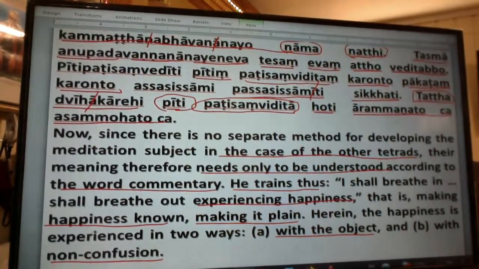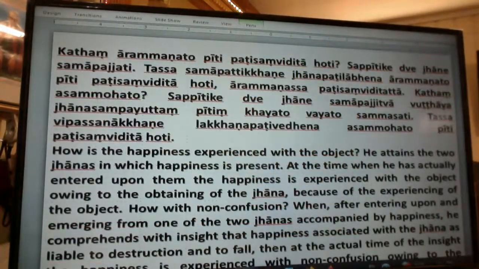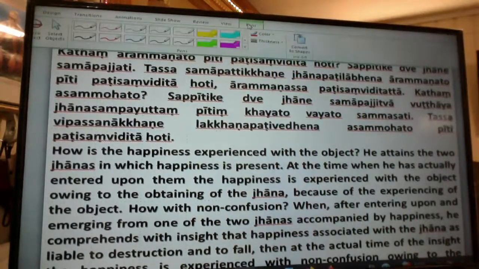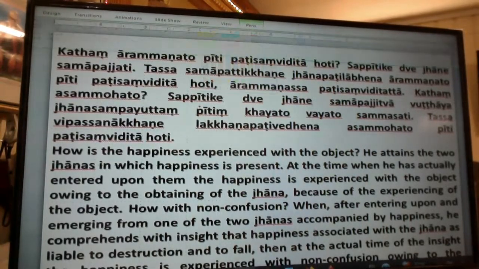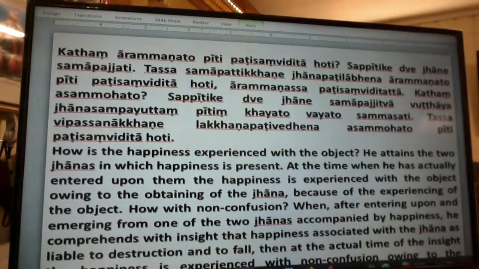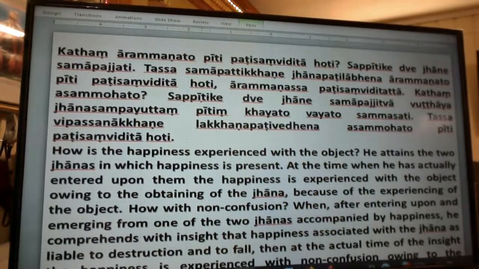Okay, so the Pali mode of explaining here: Katan aramana do piti patisavedita hoti. This is a question. How does the piti, joy or happiness, clearly appear in the meditative mind as a meditation object?